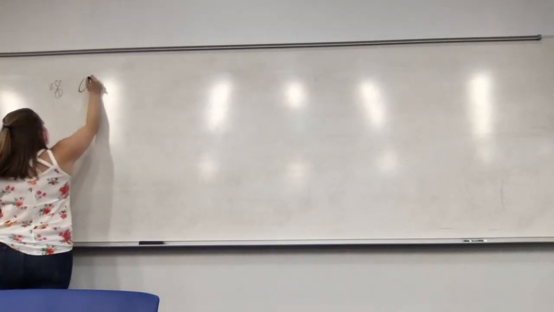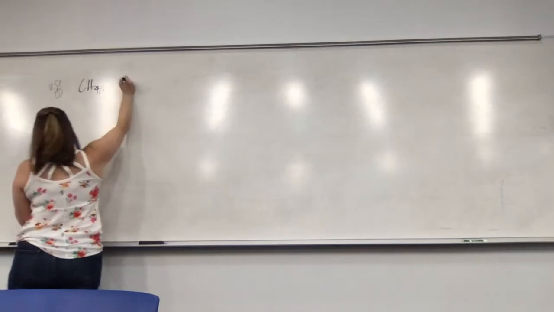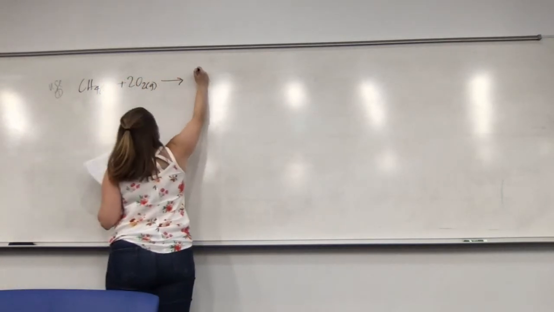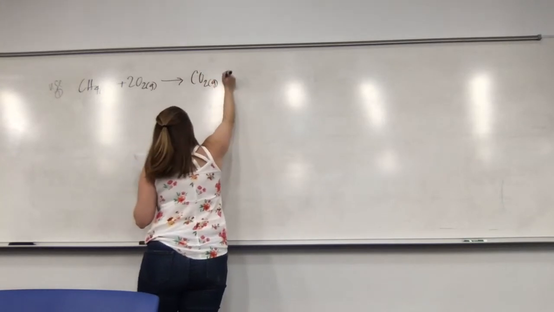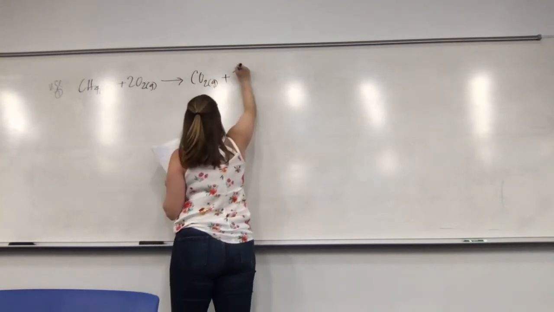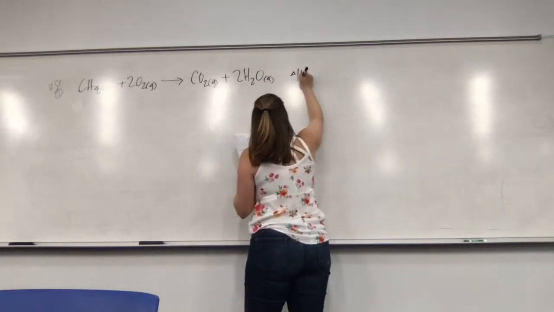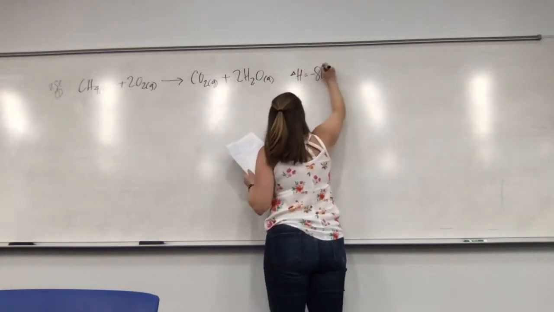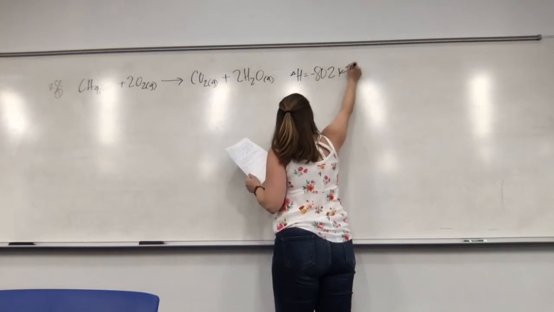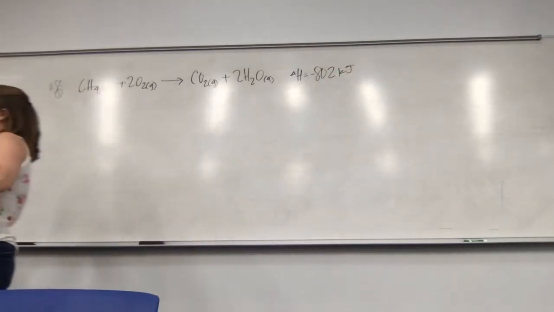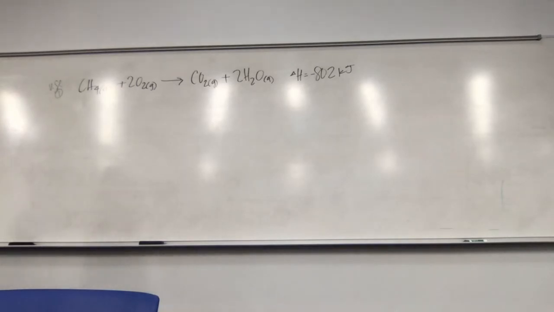So it'll be CH4 gas plus 2O2 gas gives you CO2 gas plus 2H2O gas. And we know that this delta H is equal to negative 802 kilojoules. Not a decimal point. The second equation, do we need to modify that in any way in order to use it?